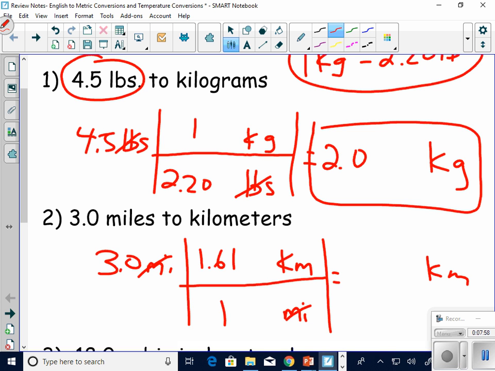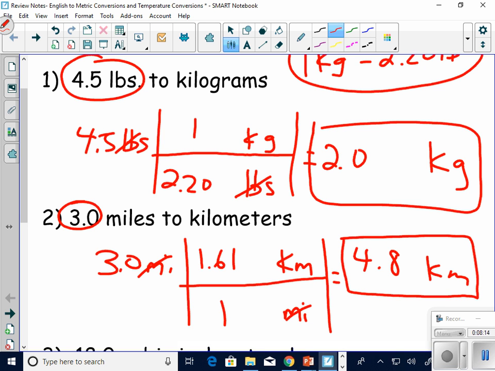I need 2 sig figs. Go back to my original problem, 2 sig figs. So when I did my math, I came up with a value of 4.83. So my answer is going to be 4.8 kilometers. So 3 miles is equal to 4.8 kilometers.